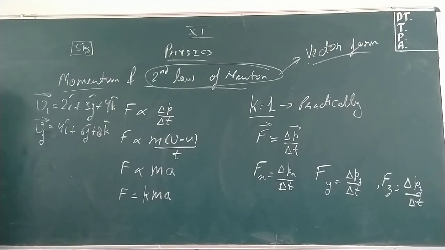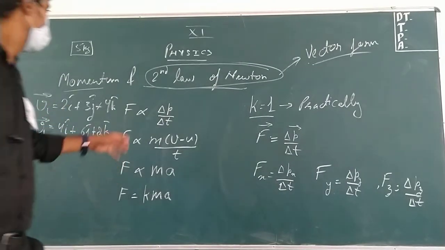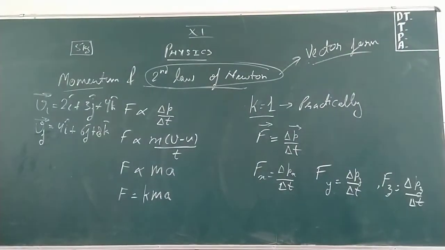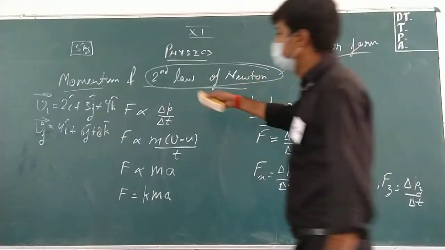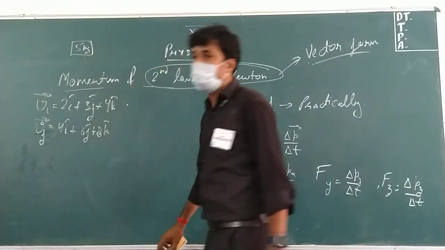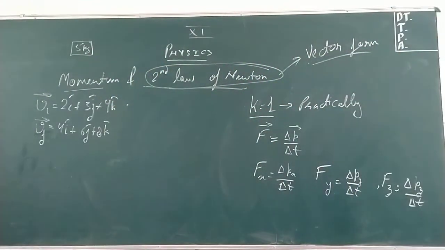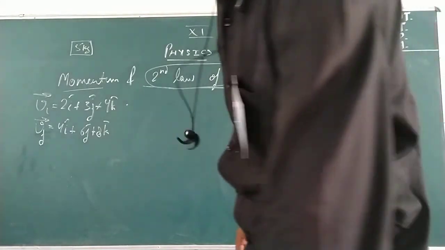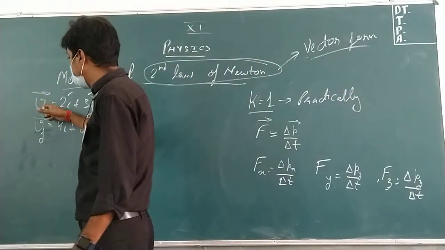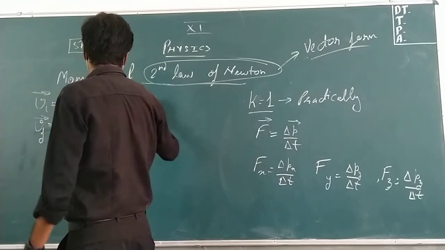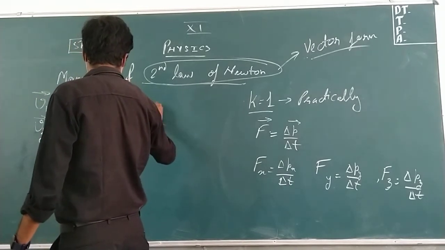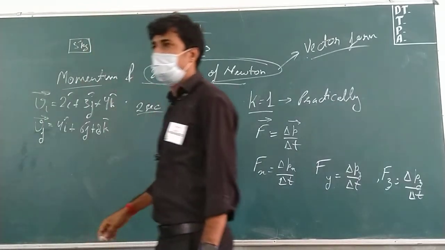This is the initial and final velocity of a body of mass 5 kg. The time required to change the velocity from Vi to Vf, let it be 2 seconds, to make it easier.